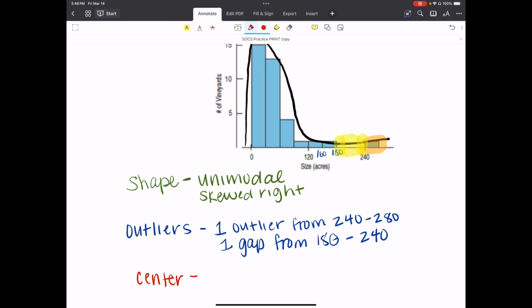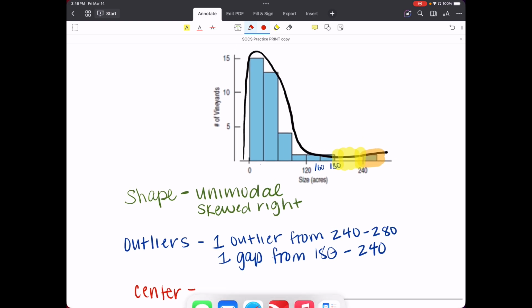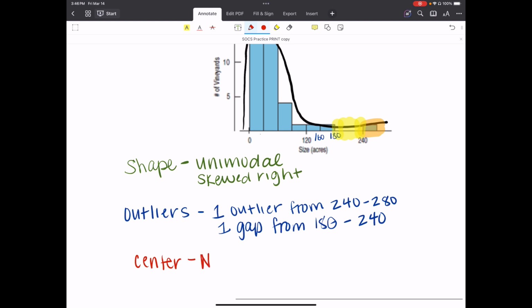So we're going to say center is in A because our graph is skewed right. So any distribution that you get that is skewed, you do not have to find a numerical answer for your center.